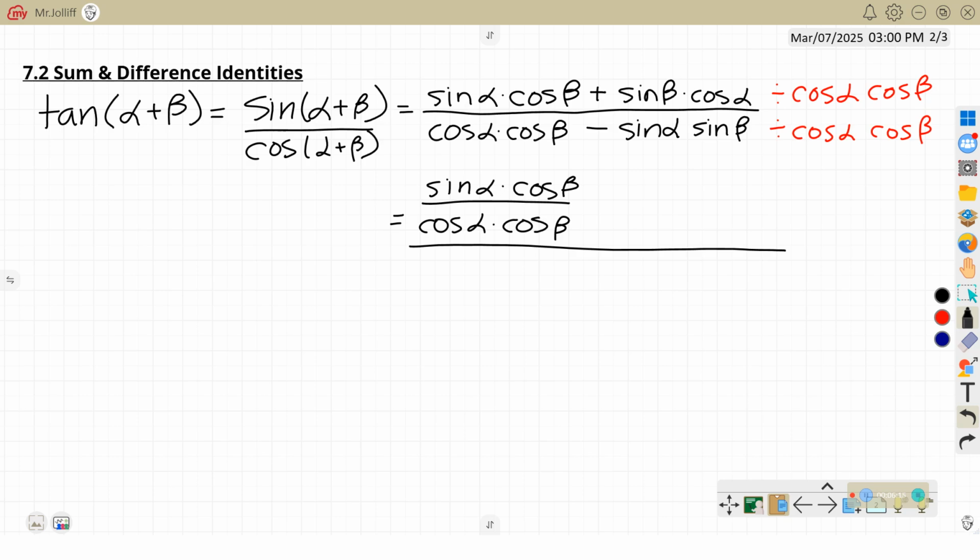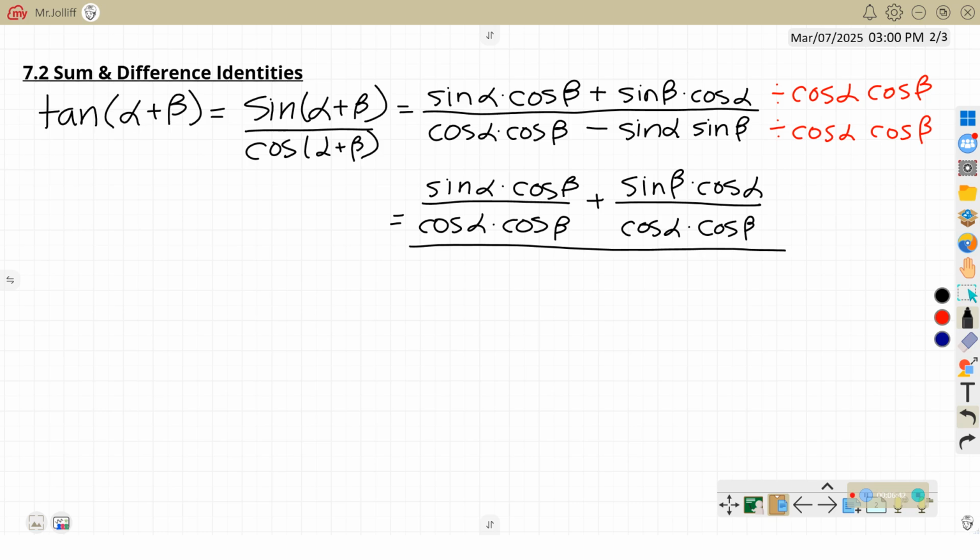We're going to do the same thing to the upper right term. So upper right term is sine beta times cos alpha. We're dividing it by cos alpha, cos beta. And you probably see the pattern.